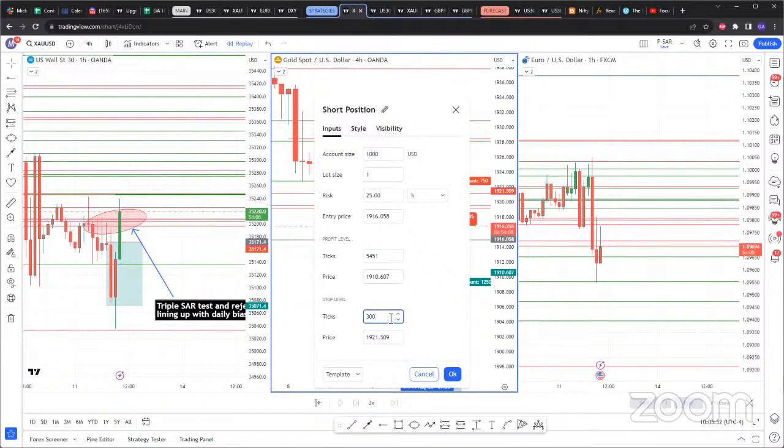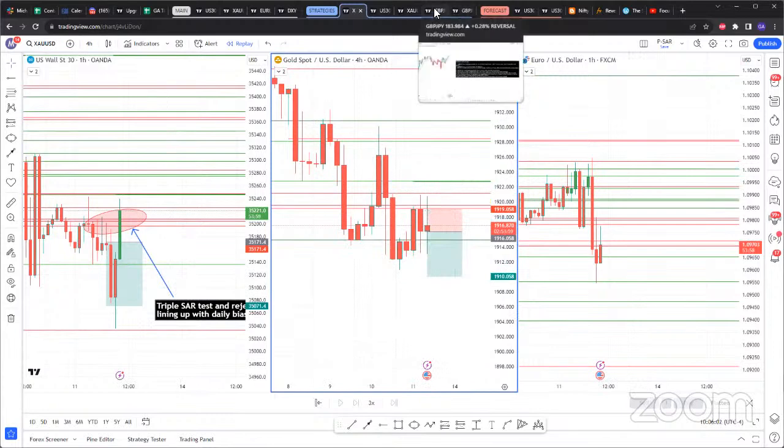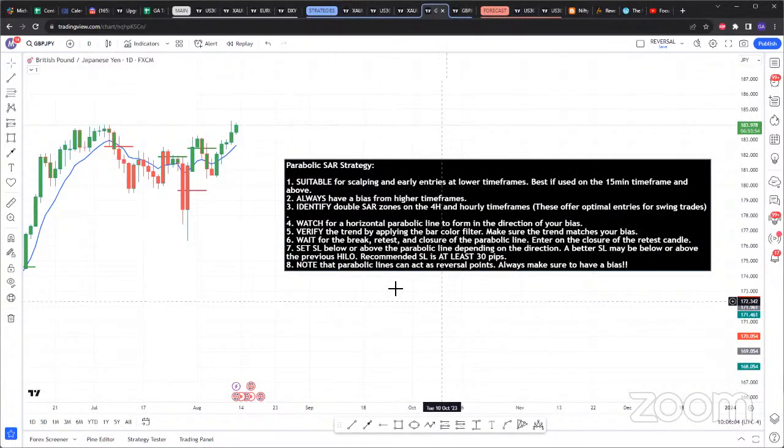But when trading the SAR, how do you know how to position your TP and stop loss? Your stop loss should ideally be above the SAR. So if I turn on that strategy right here, your stop loss should be below or above the parabolic lines, depending on the direction. If you're selling, you want your stop loss ideally above the SAR sell zone.